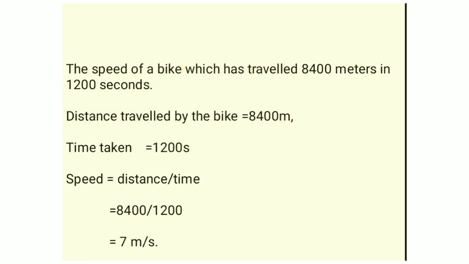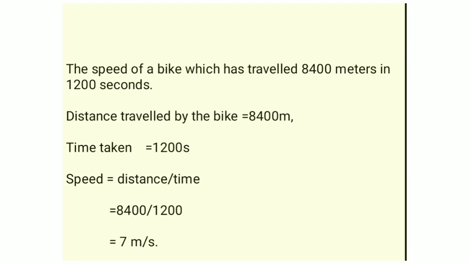Now let us calculate the speed of a bike which has traveled 8,400 meters in 1,200 seconds. So the distance traveled by the bike is 8,400 meter and time taken is 1,200 second.